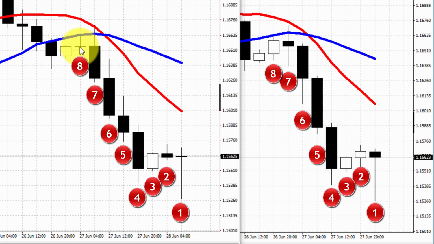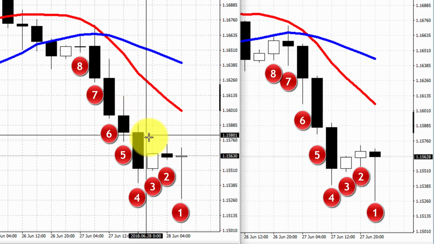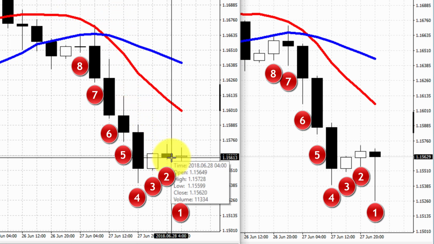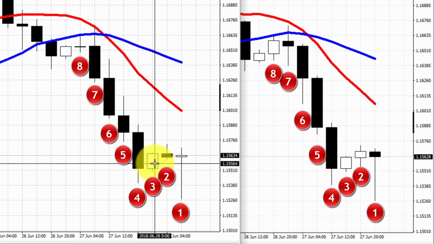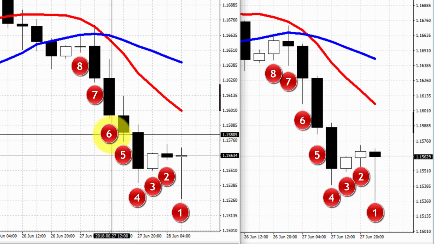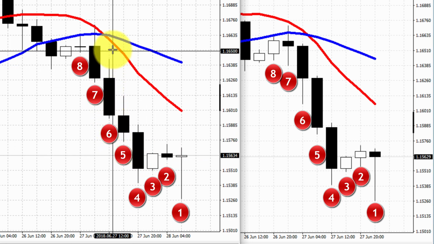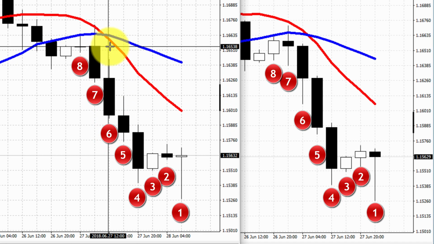It's really confusing to even compare these things. Just at first glance those charts look really similar, but let's take a look at the indicators. If we count bars 1, 2, 3, 4, 5 and 6, we can see that the crossover finished on bar number 6.